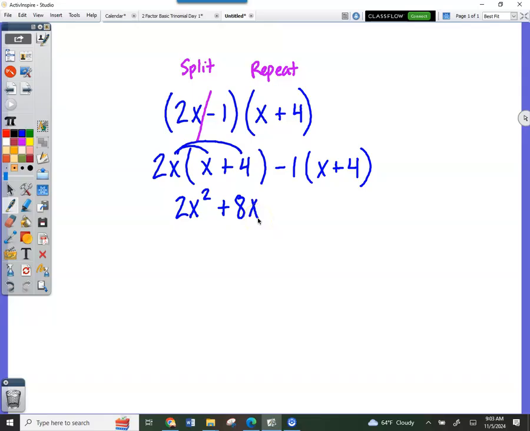Yes. And then we've got negative 1 multiplying here. What do I get? Negative x minus 4. And then in the middle, these combine. So we have 2x squared plus 7x minus 4. Right? That's last week. You with me?